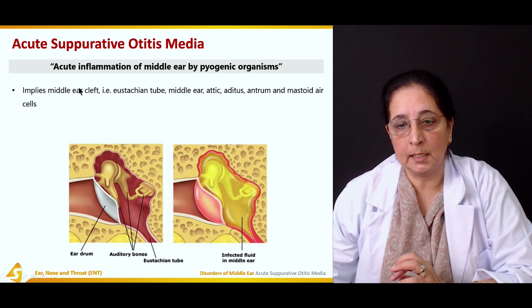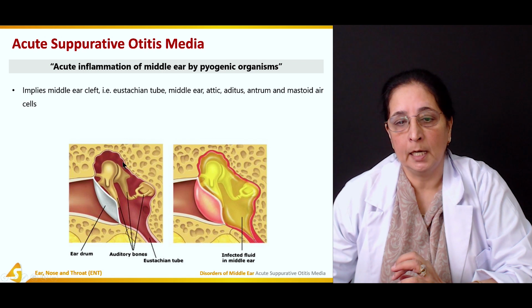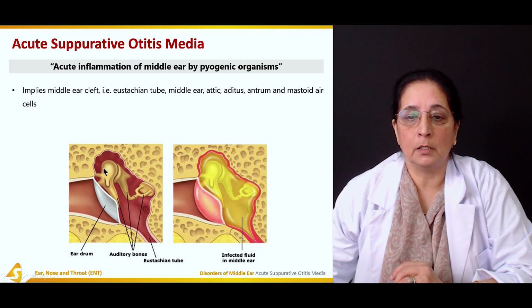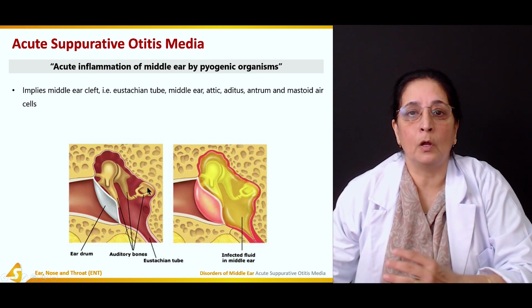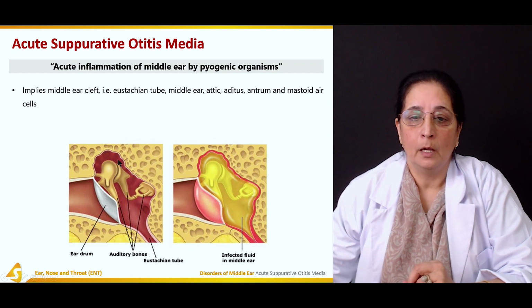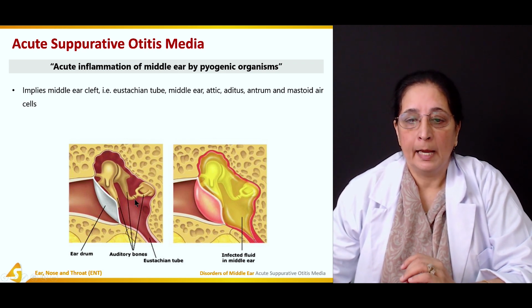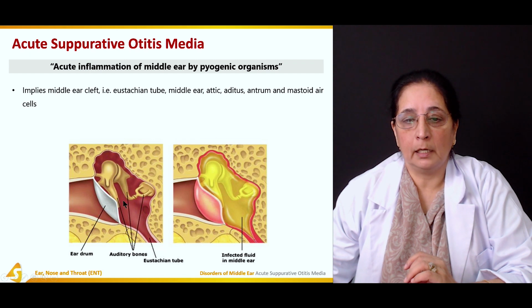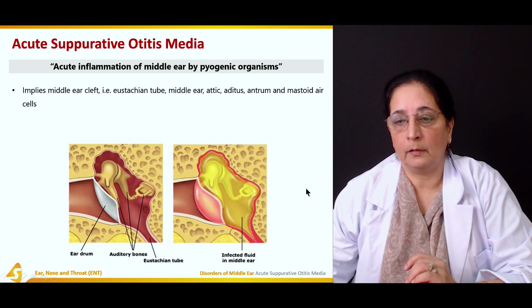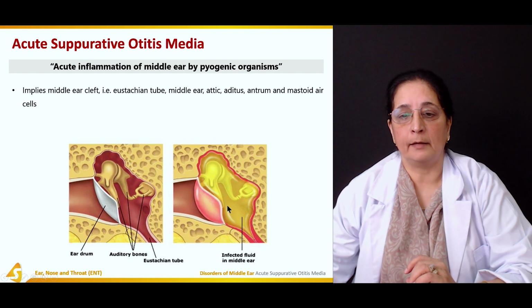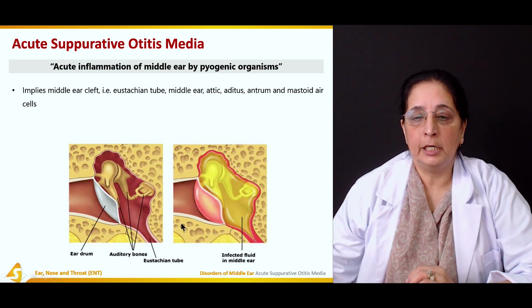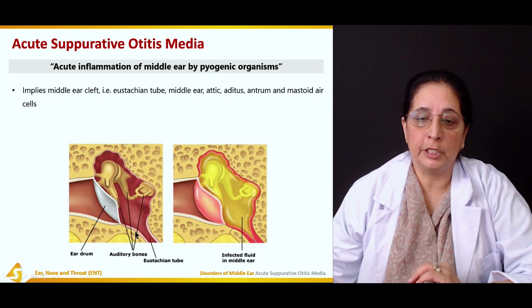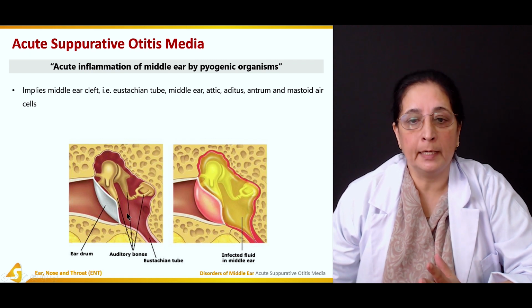If you see in this diagram, this portion is the middle ear. These are the ossicles, or the small bones of the middle ear. And this is the middle ear cleft, including the eustachian tube. The eustachian tube opens into the middle ear.